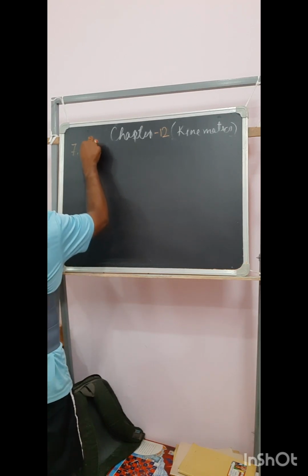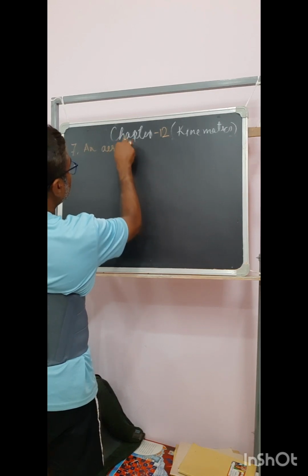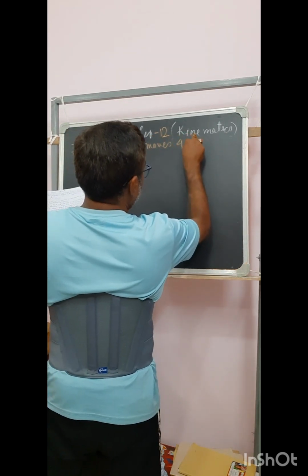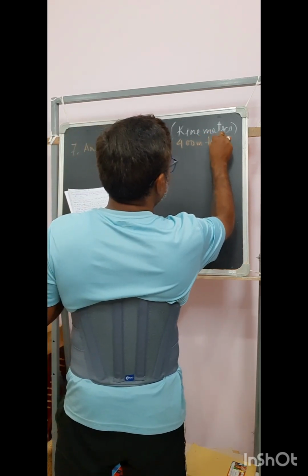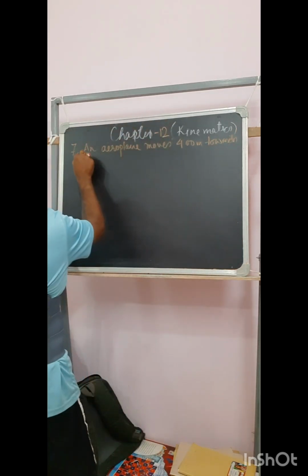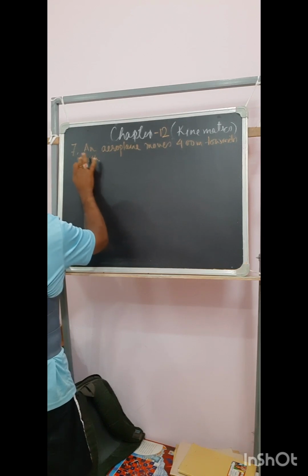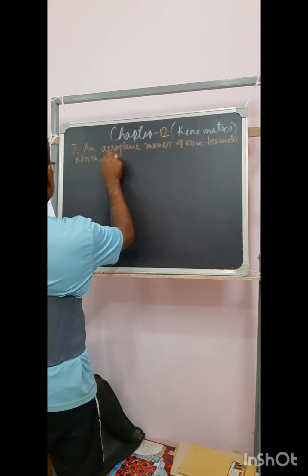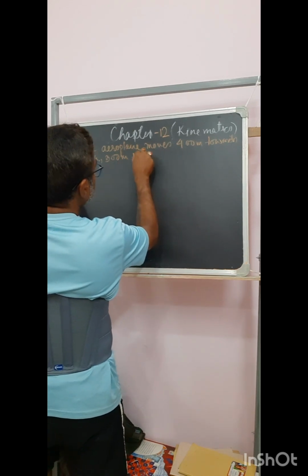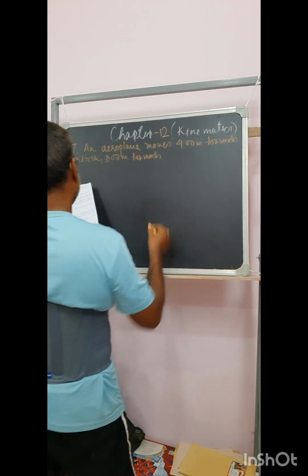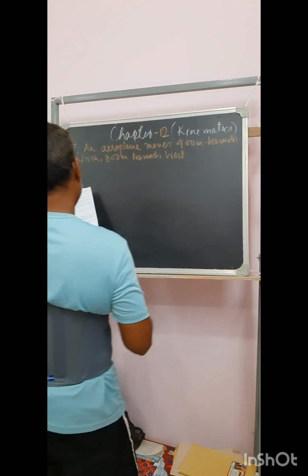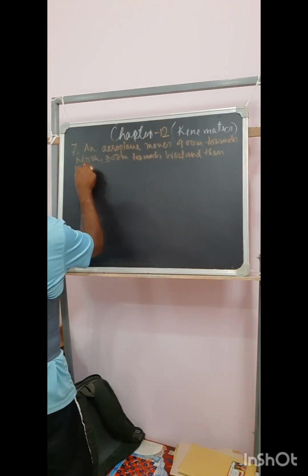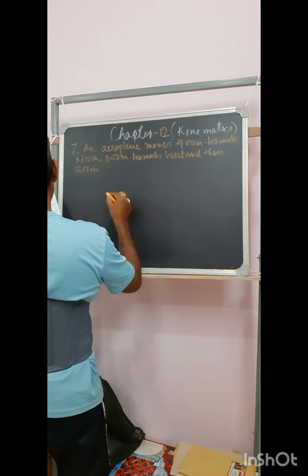An aeroplane moves 400 meter towards north, 300 meter towards west, and then 1200 meter vertically upward.